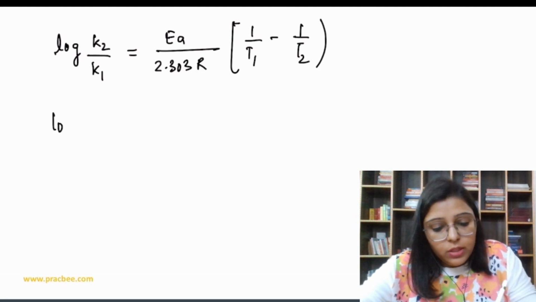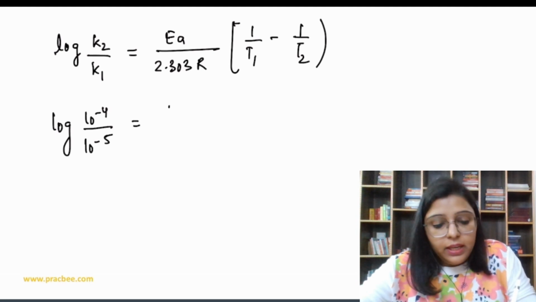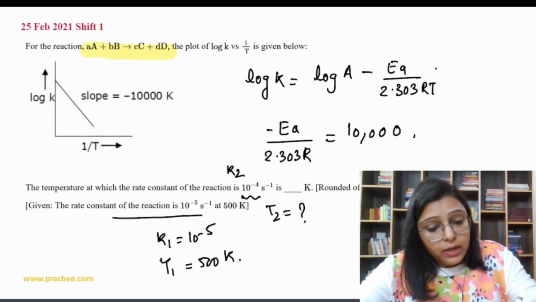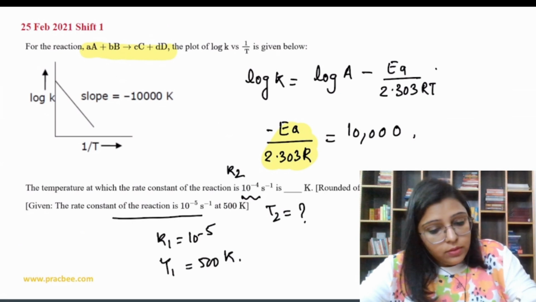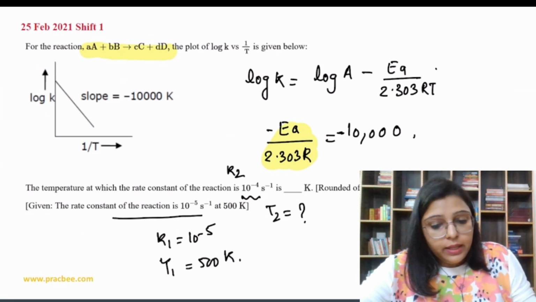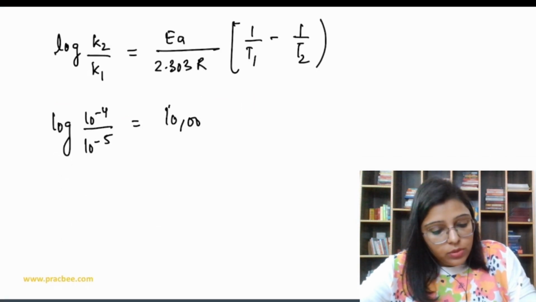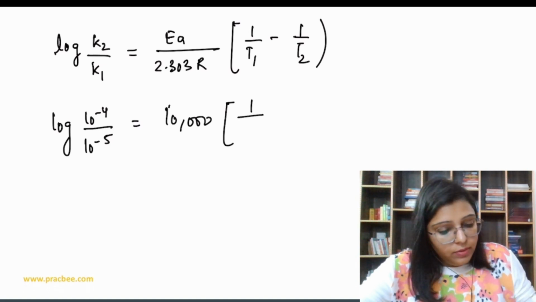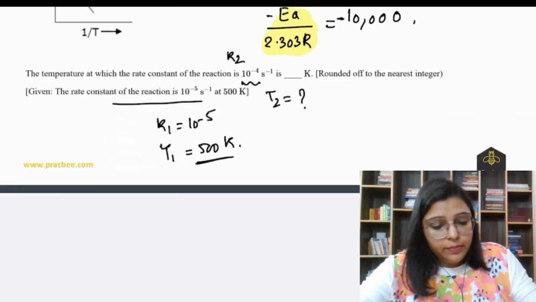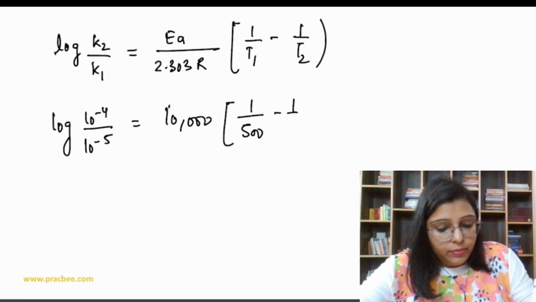Now we have to put in all the values. K2 is given, K1 is 10 to the power minus 5, Ea upon 2.303 R is 10,000, 1 by T1 is 1 by 500, and T2 we have to find out.